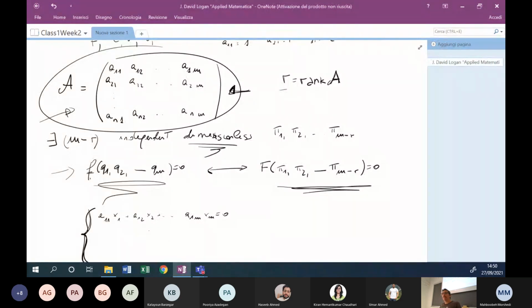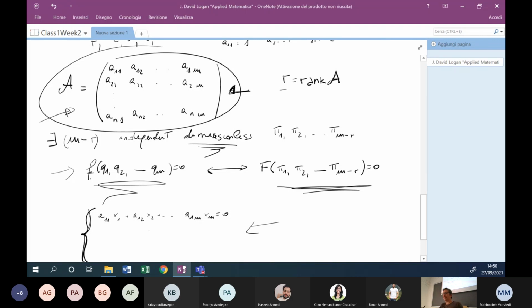Now, there is a fundamental theorem in linear algebra which tells me that if this matrix has rank R, this means that there exist m minus r independent solutions of the system here.